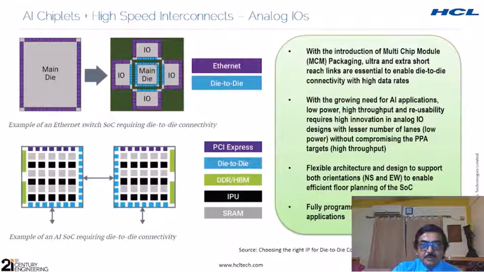These kinds of designs require short distance but high speed communication between the dies. On the left hand side, there's an example of an Ethernet switch ASIC. At the bottom there is an AI ASIC that requires die-to-die communication apart from other external interfaces like Ethernet or PCI Express.